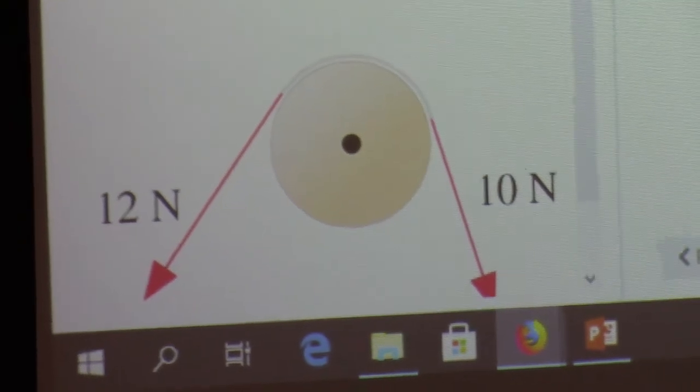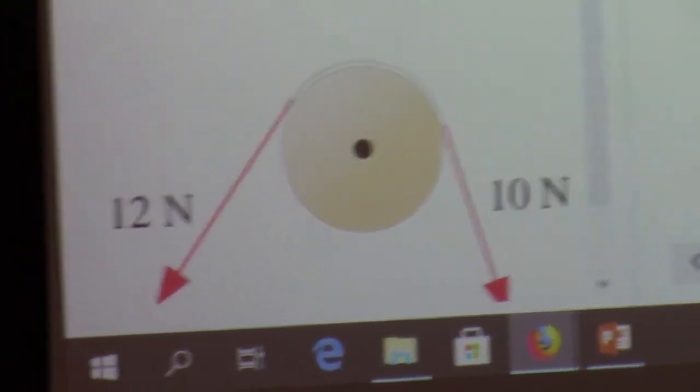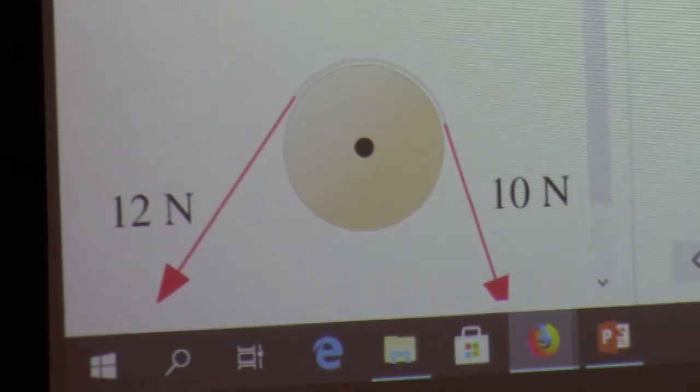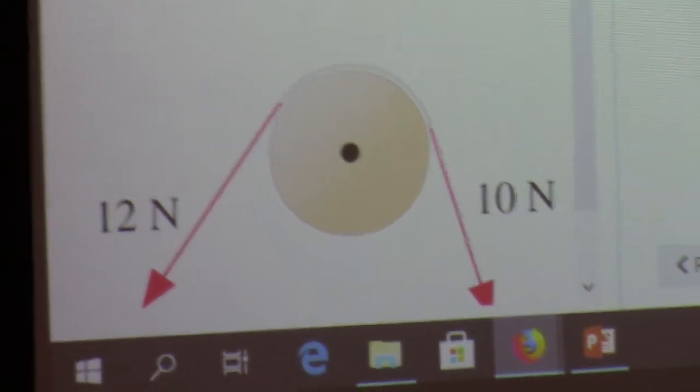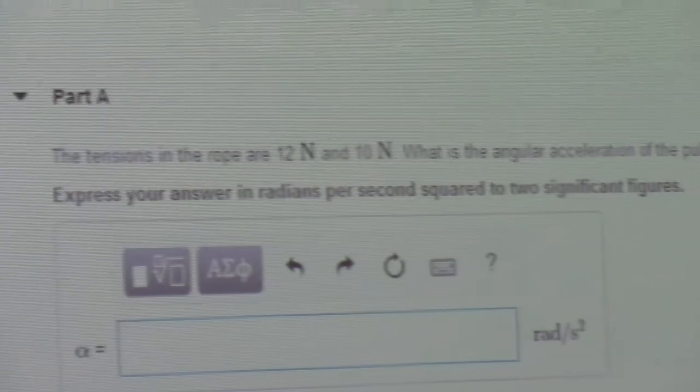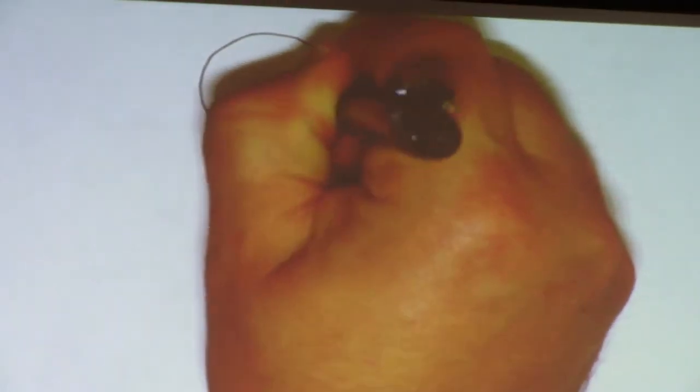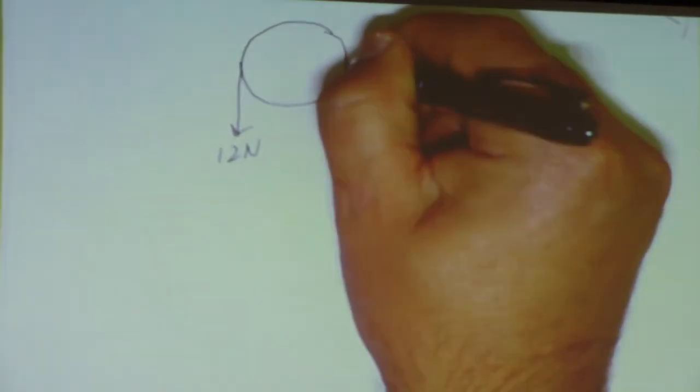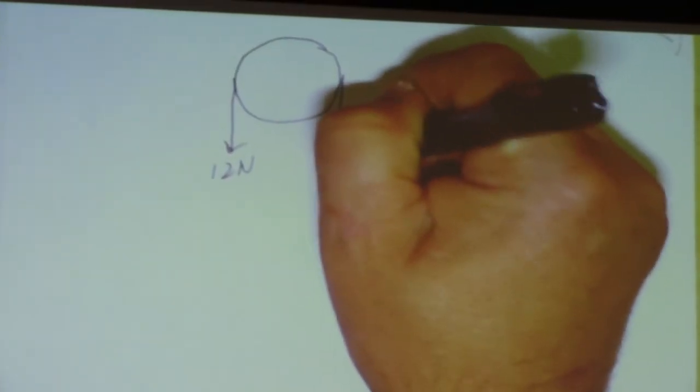Okay, let me kind of sketch this one out. They kind of draw it a little weird in the picture. It's really similar to what we did before. This is 12 newtons. This is 10 newtons.